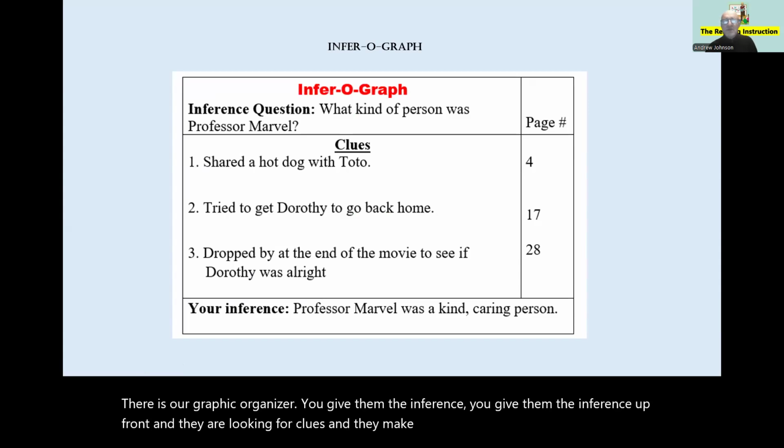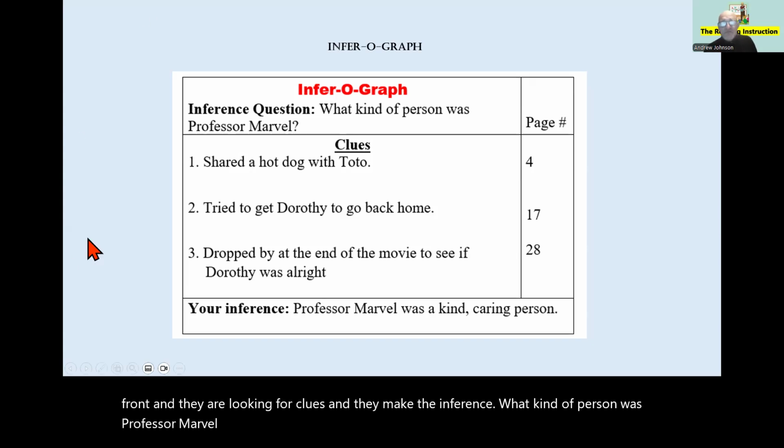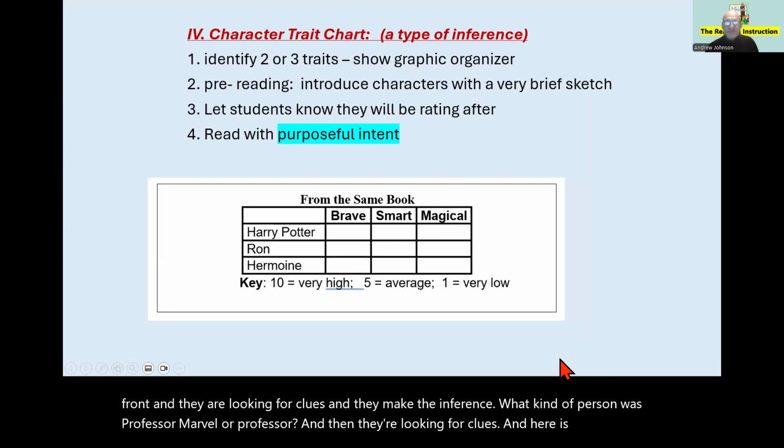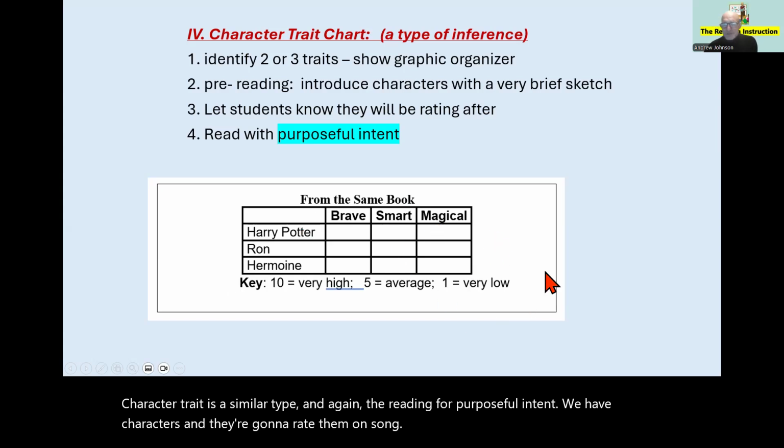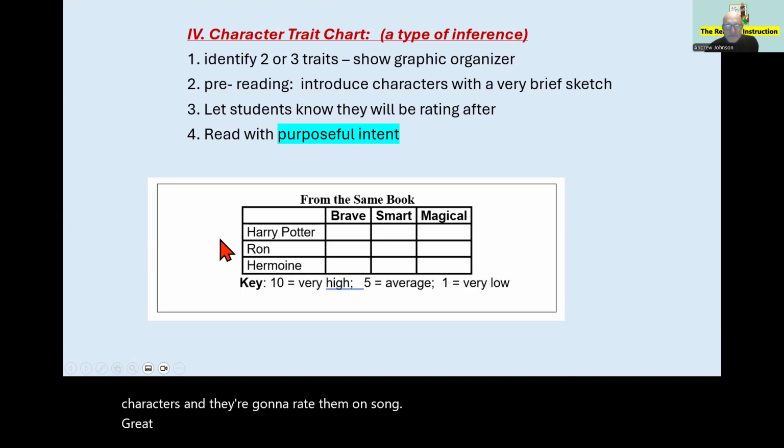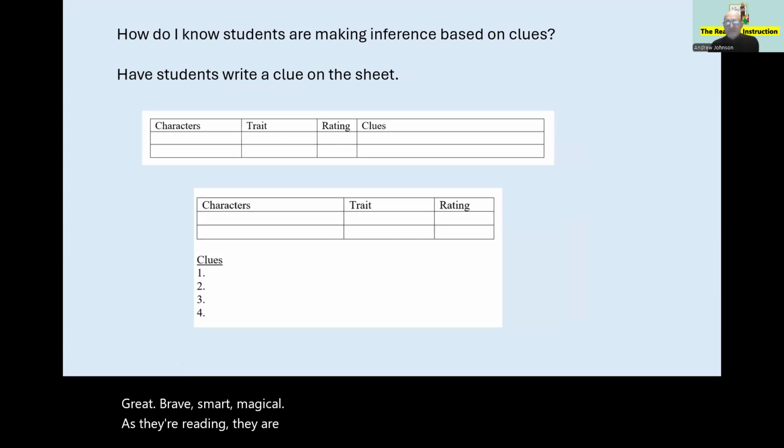What kind of person was Professor Marvel? Or Professor, and then they're looking for clues, and here is the inference. Character trait is a similar type, and again, they're reading for purposeful intent. We have characters, and they're going to rate them on some trait, brave, smart, magical. As they're reading, they are looking for clues for that.